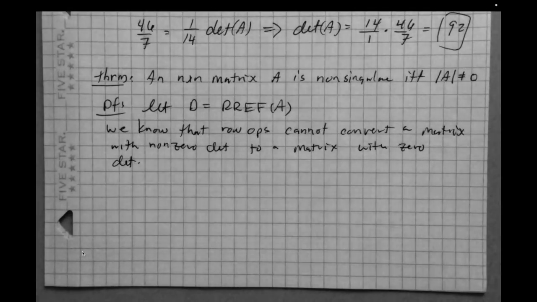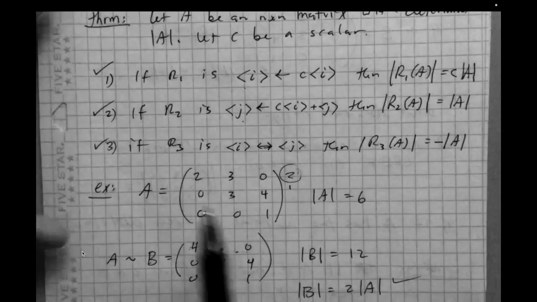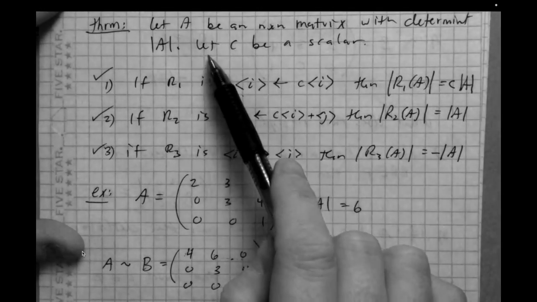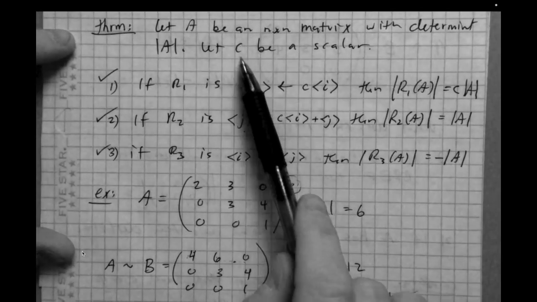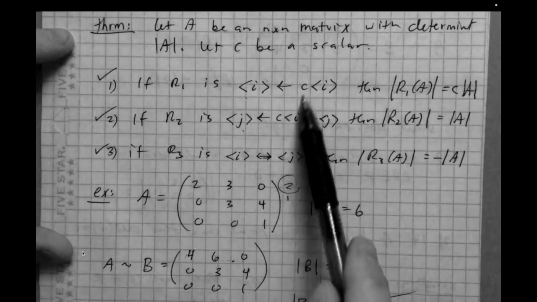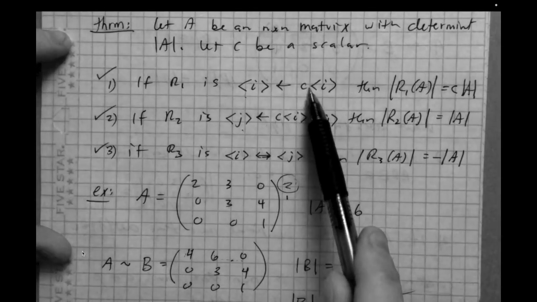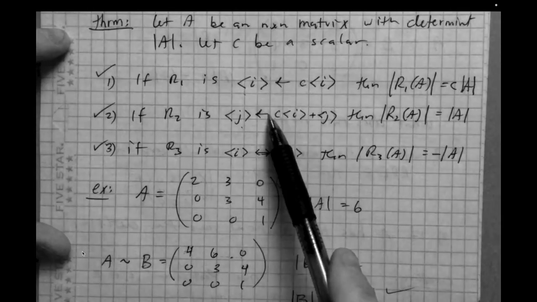Now hopefully that's clear, but let's just make sure that that's clear, right? So here's the theorem, right? If A is an n by n matrix with determinant A and C is a scalar, right? Now we know C is a non-zero scalar actually. The row operation, if you go back and look at the definition of these row operations, C is required to be a non-zero scalar, right?